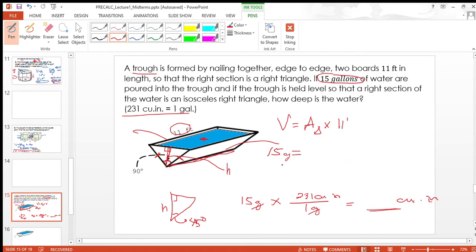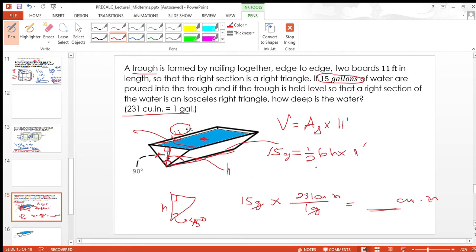So, kung alam na natin yung volume dito, di ba, 15 gallons, yung area ng triangle is 1/2 the base times the height. The base, this is now your base B, times your height H, times 11 feet.